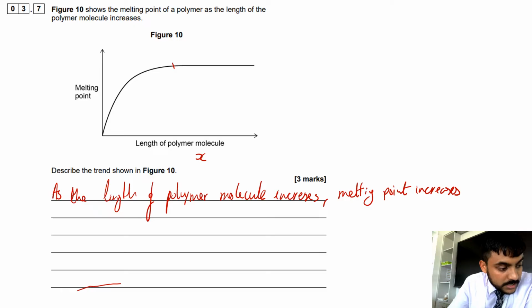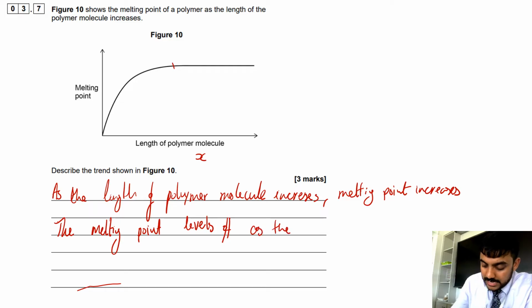Another way of saying it, the melting point levels off as the length increases. Now, if there were numbers on the graph, we might have been able to use numbers to justify when it levels off.